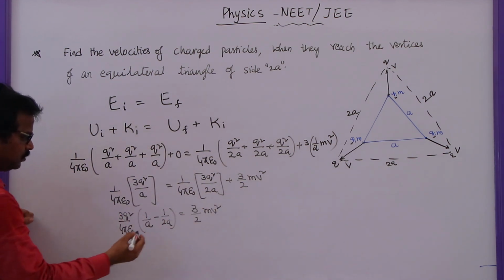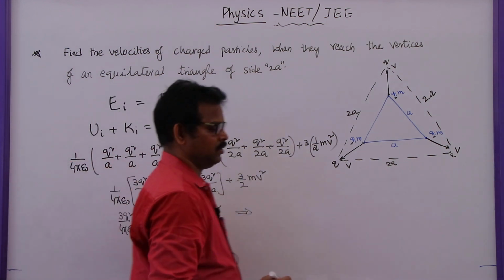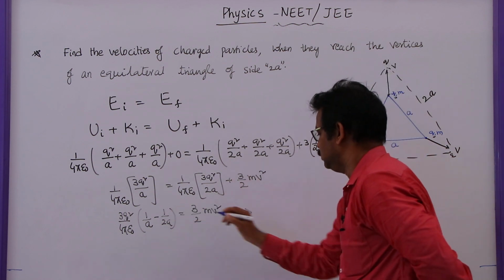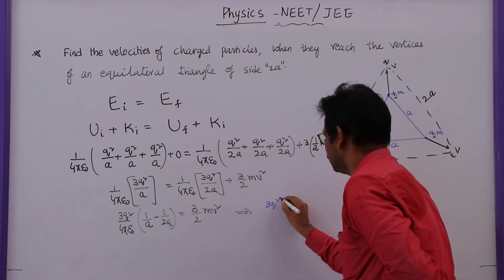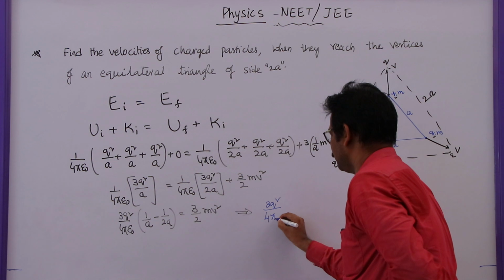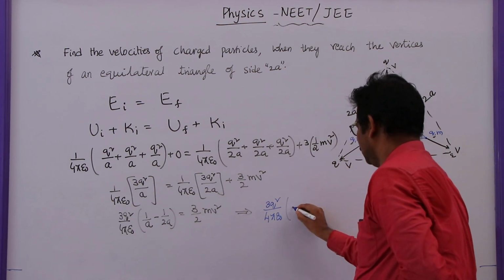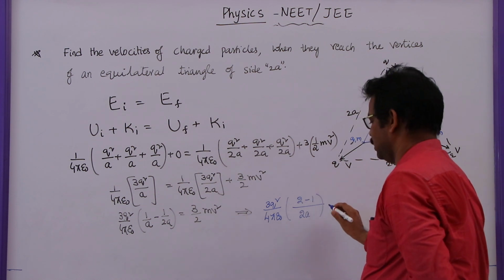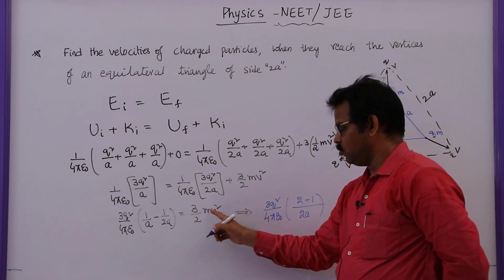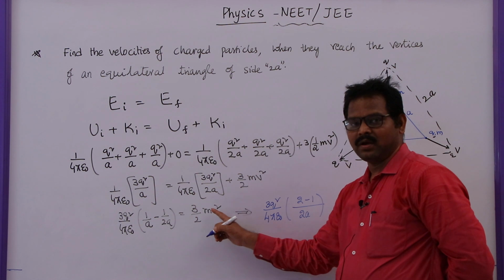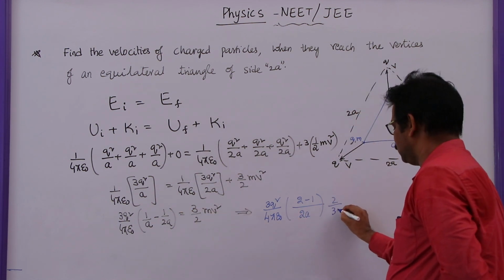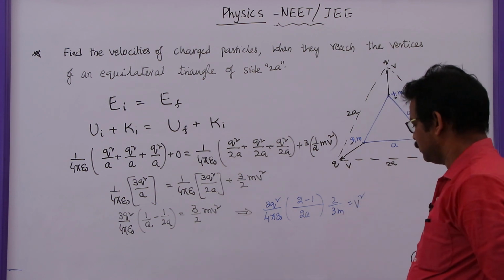Based on this, we can write 3q square by 4 pi epsilon naught, and the LCM is 2A, so this will be 2 minus 1 over 2A, equal to 3 by 2 m v square. Taking 3 by 2 m to the other side, we can write 2 by 3m times this is equal to v square.